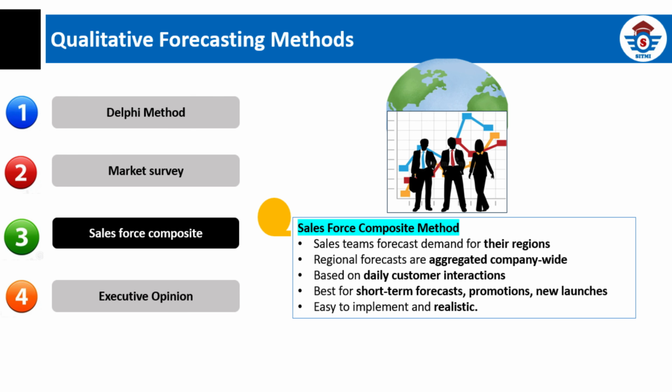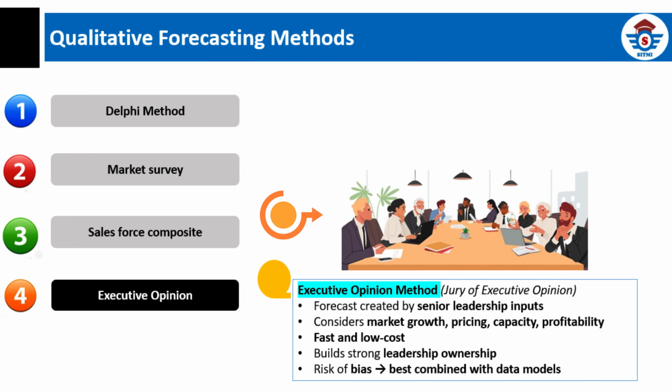Since salespeople interact with customers daily, they often have strong insights into customer behavior, promotions, and competitive moves. This method is especially useful for short-term forecasts, new promotions, or new product launches. It is easy to implement and provides realistic, ground-level demand inputs.